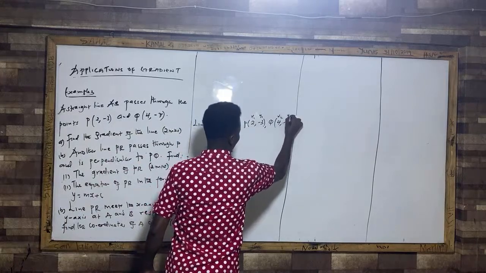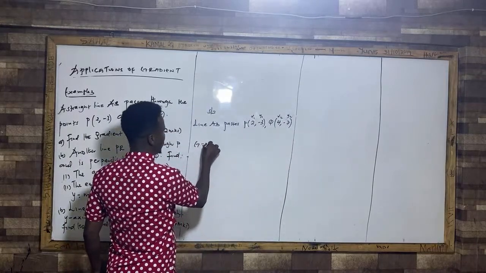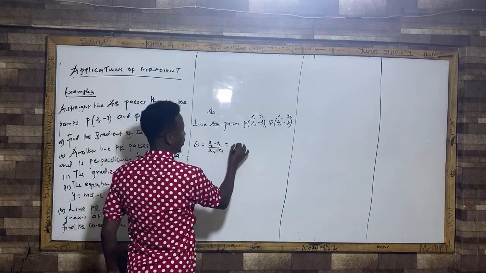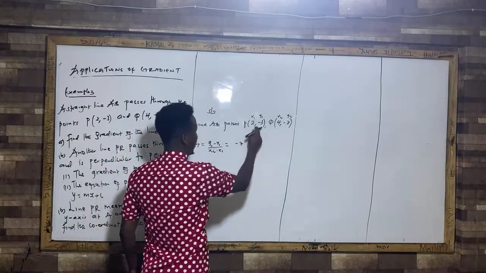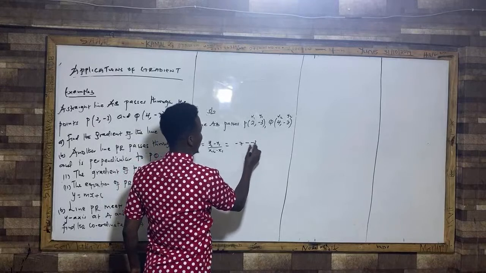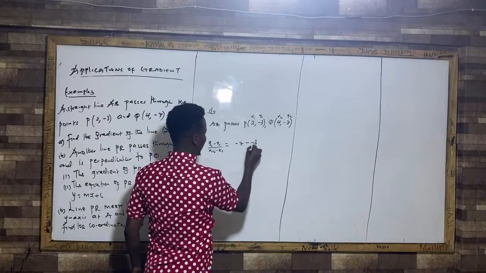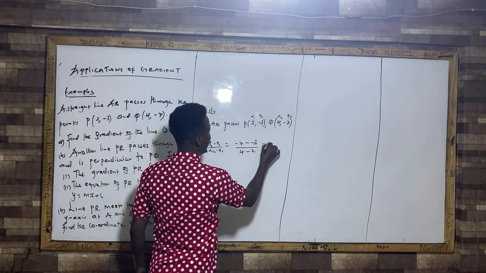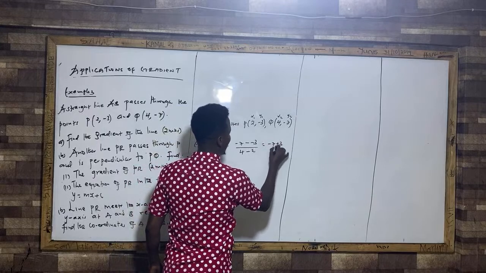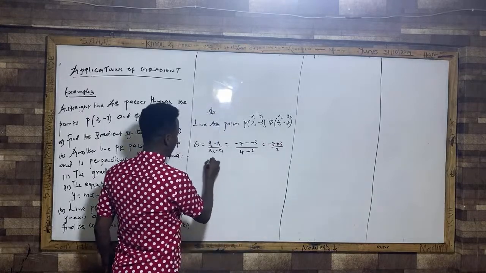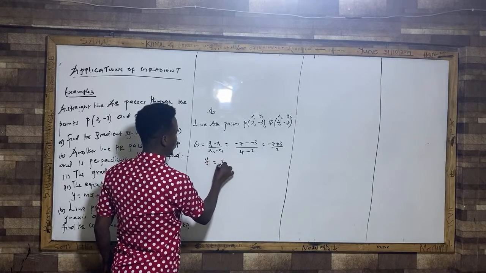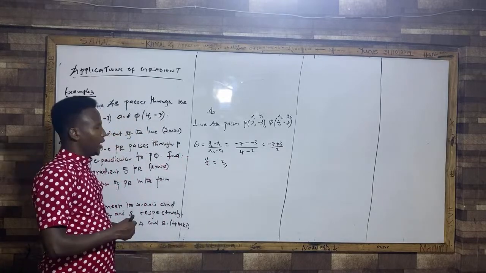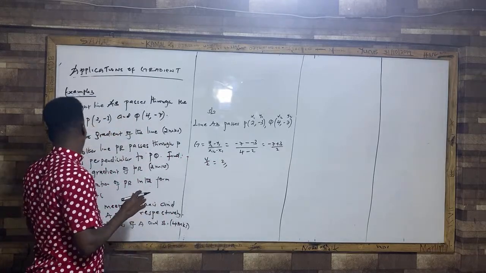So gradient is equal to y2 minus y1 divided by x2 minus x1, which is -7 minus -3, because our y1 is -3, don't forget, divided by x2 which is 4 minus 2. So this will give me -7 plus 3 all over 2. So that is -4 over 2, which is -2. So that's the gradient. Okay, now that is the first question A.